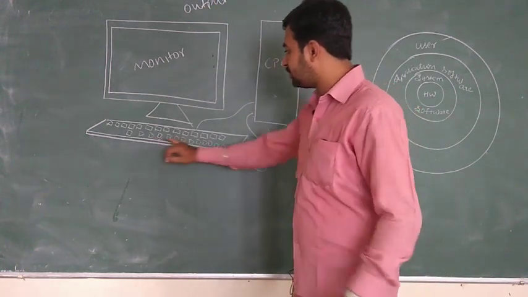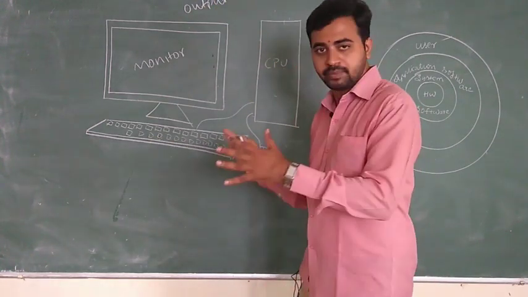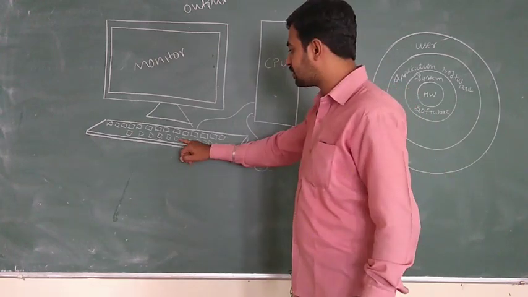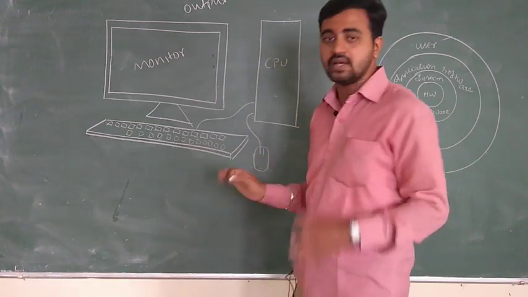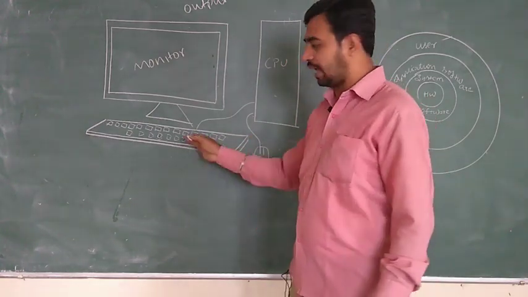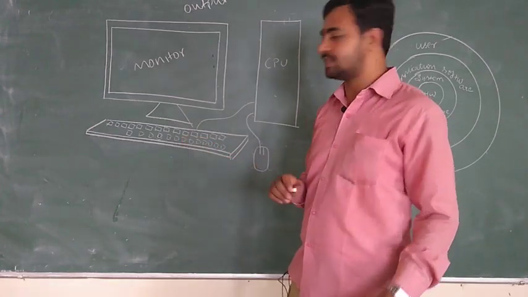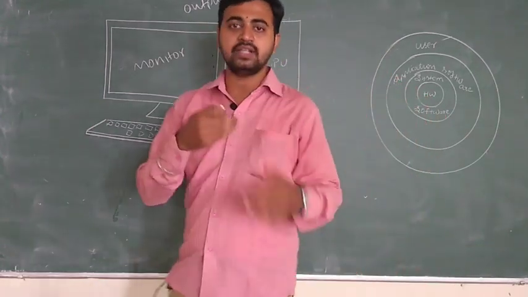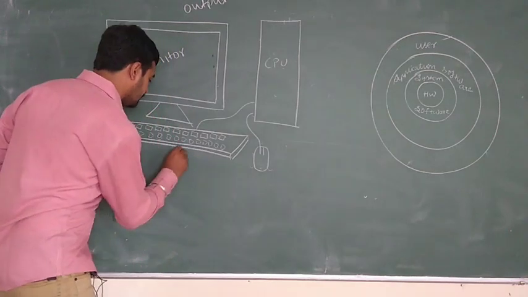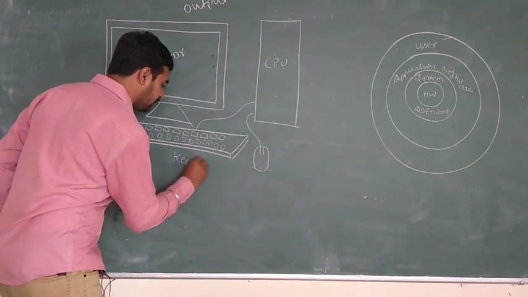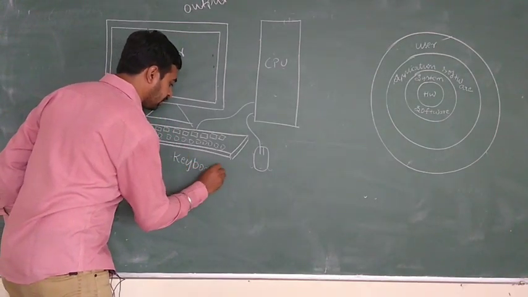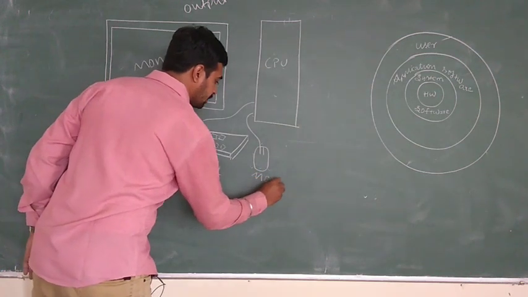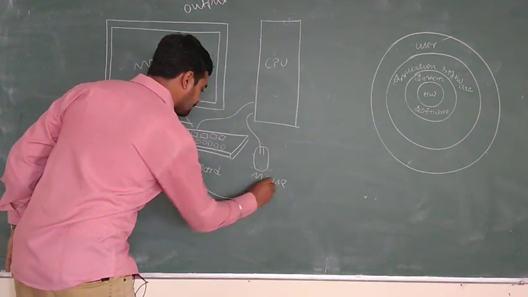Again, I have drawn some pictures here. This is called a keyboard and this is called a mouse. You should absolutely know all these things, but I am writing them for convention's purpose.